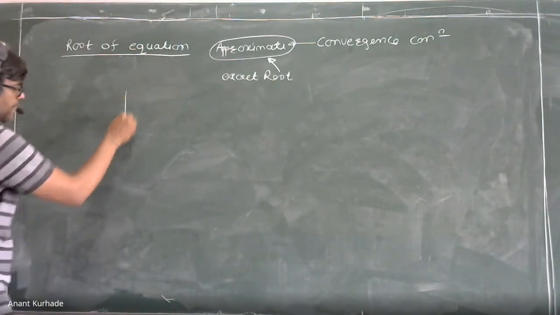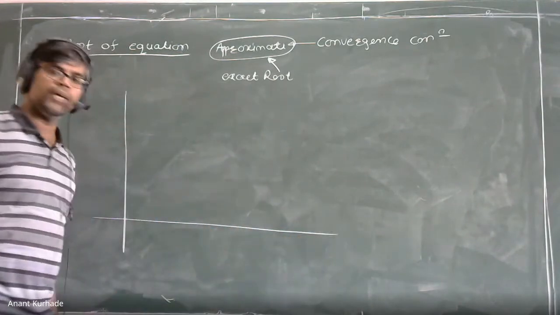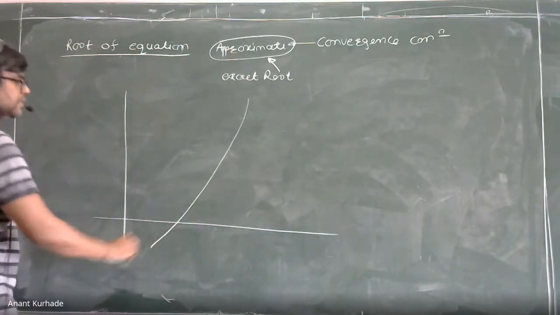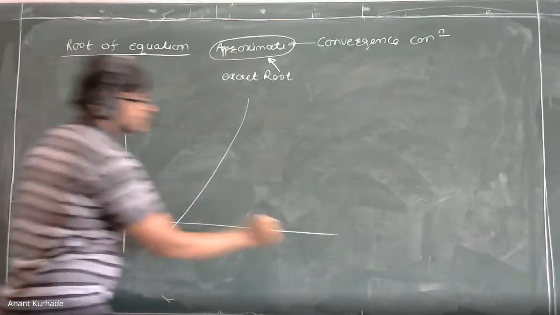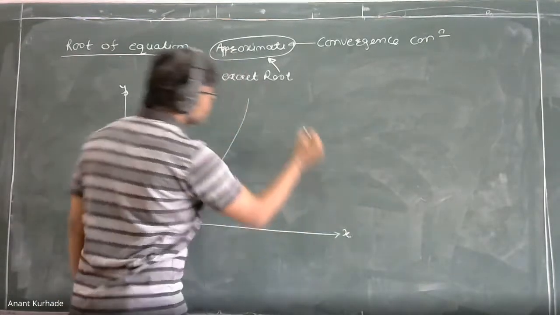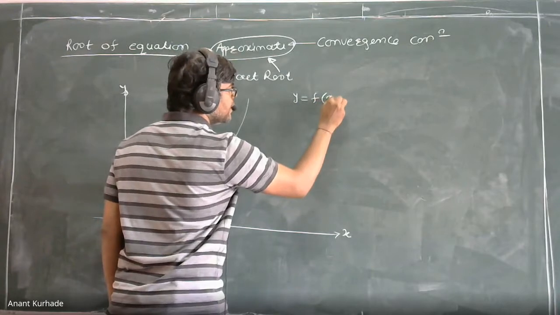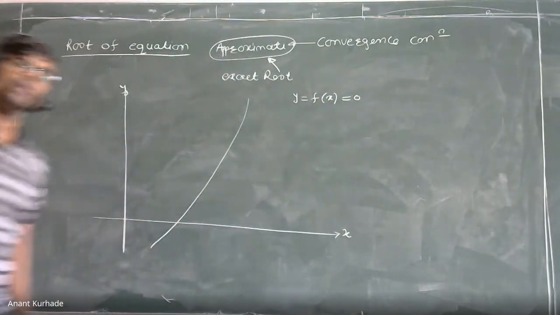Now see. Let's take one graph, and each and every equation has a graph. So this is y and this is x. We have y is equal to f of x.